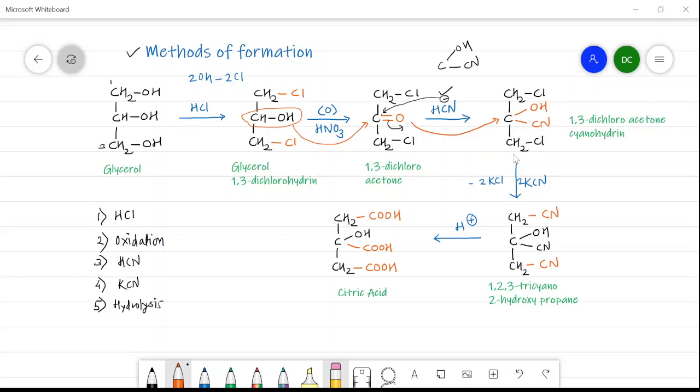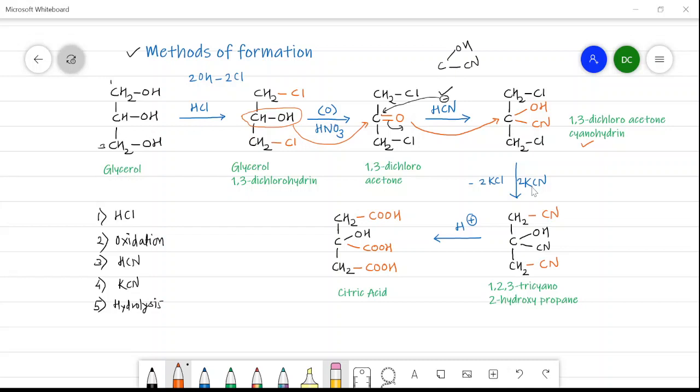Now, the fourth step, we have to replace this Cl group by CN. For that purpose, this 1,3-dichloroacetone cyanohydrin is treated with potassium cyanide or sodium cyanide.